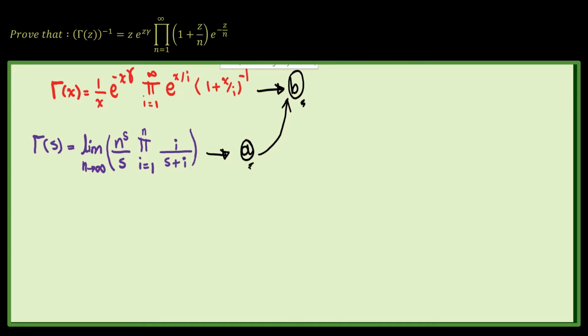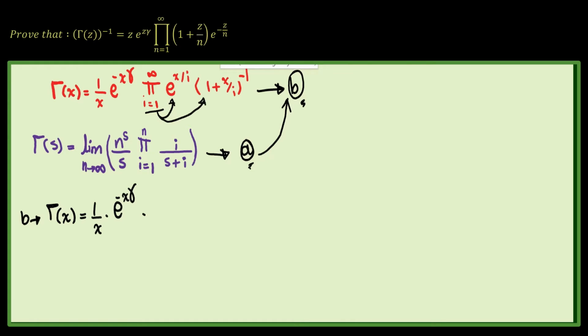So let's do a rewriting for B. We have gamma x equal to 1 over x, nothing will happen here, and then e to the minus x gamma. Gamma here is the Euler-Mascheroni constant, multiplied by, here we can distribute this pi here and here.